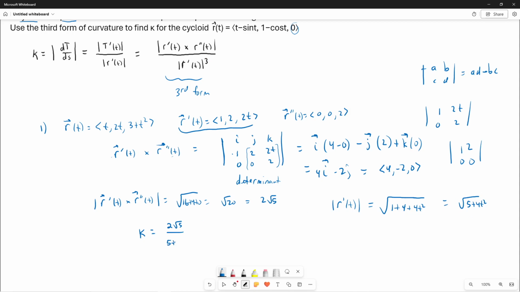So 5 plus 4t squared, square root makes 1/2 power, and then you cube that, and that makes 3/2 power. So our curvature is 2 times the square root of 5 divided by the quantity 5 plus 4t squared to the power 3/2. And now for the cycloid.